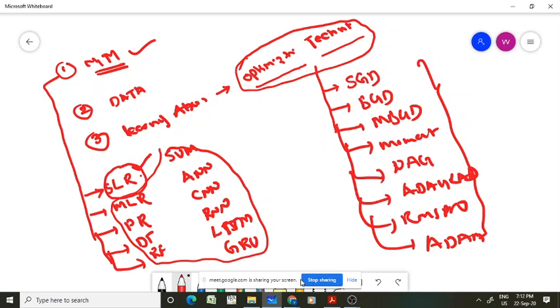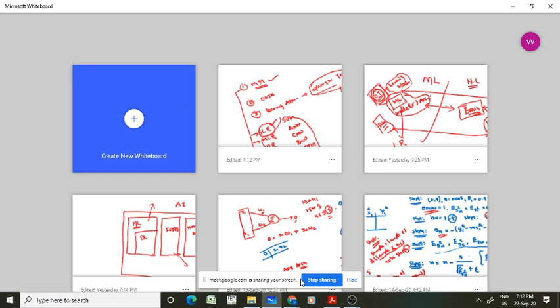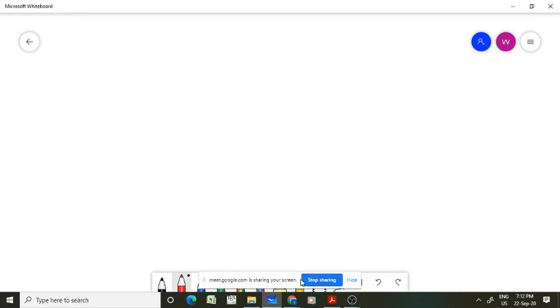Right? Before going to all these optimization algorithms, we will have some introduction and discussion about what is meant by optimization, and later we will discuss the gradient descent optimization technique. First of all, what is meant by optimization?